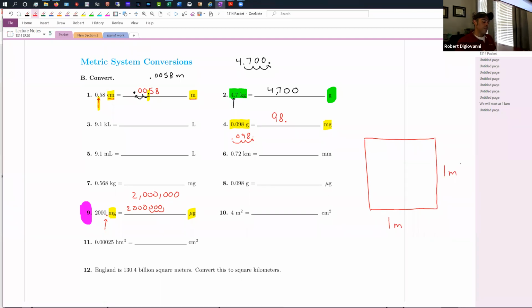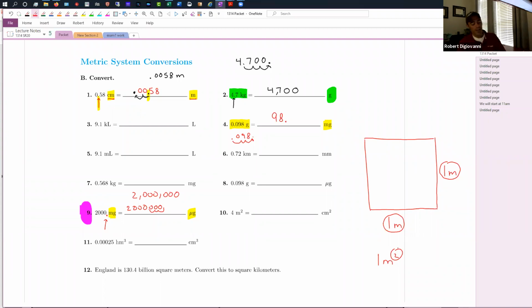If I asked us for the area, then what you do is you'd multiply this times this, and you get 1 times 1, which is 1, and then meter times meter would be meter squared. And so that little squared up there is telling you, again, you're talking about an area measurement, not a length. So the area of that square is 1 square meter.